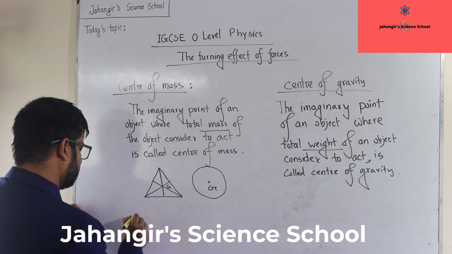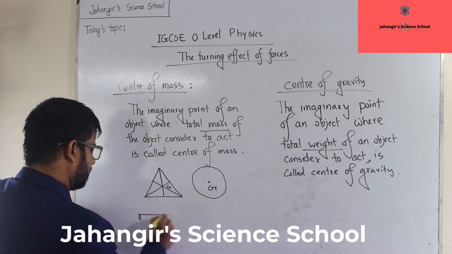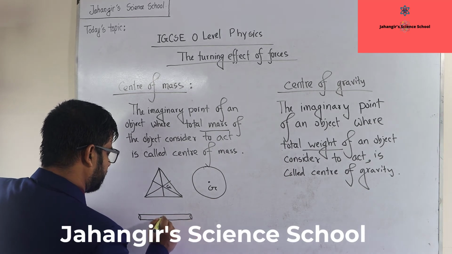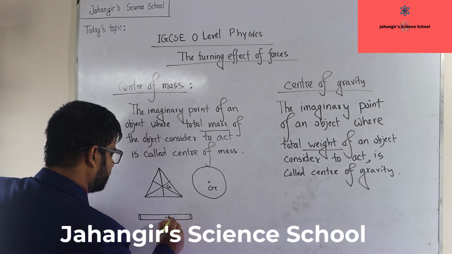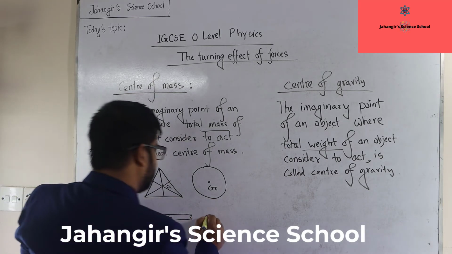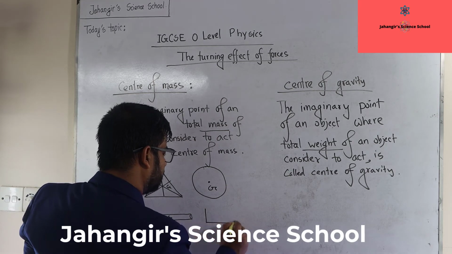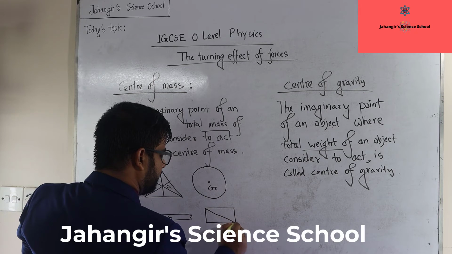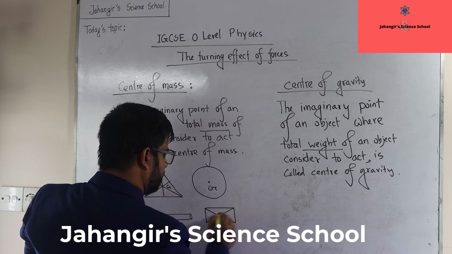For a uniform rod, the midpoint is the center of gravity. For a rectangular object, the intersecting point of the two diagonals is the center of gravity.